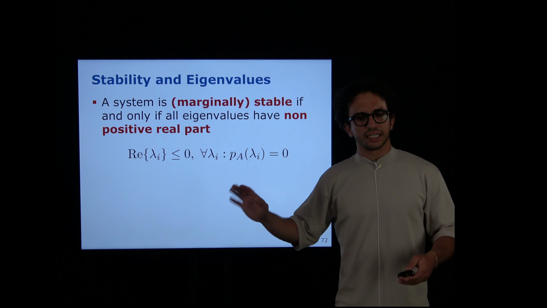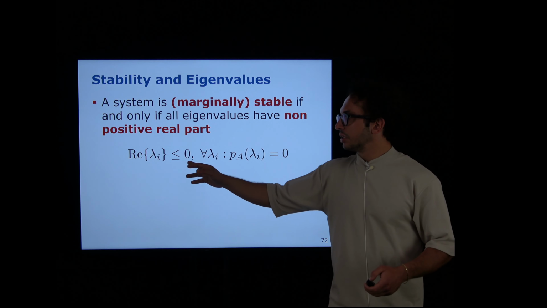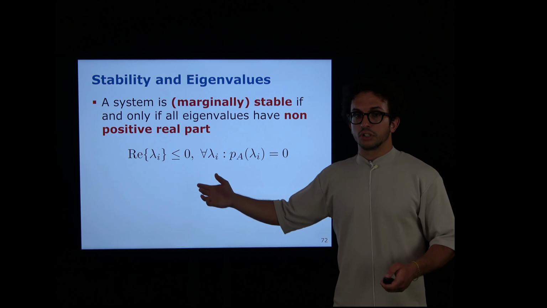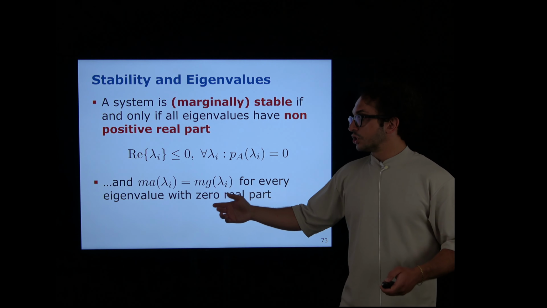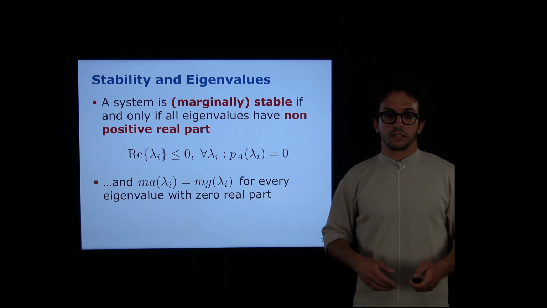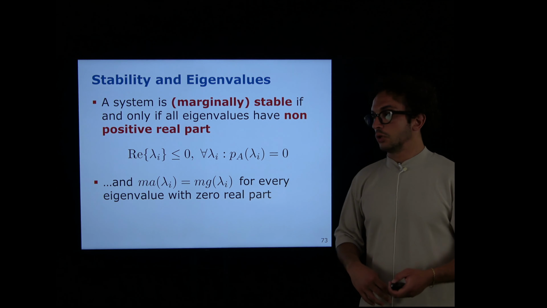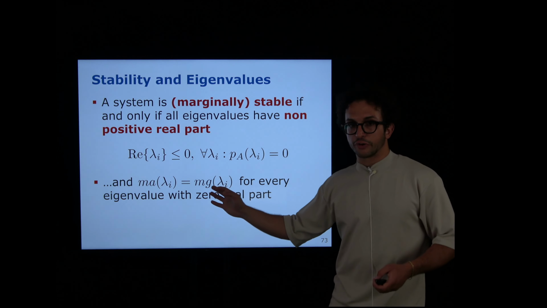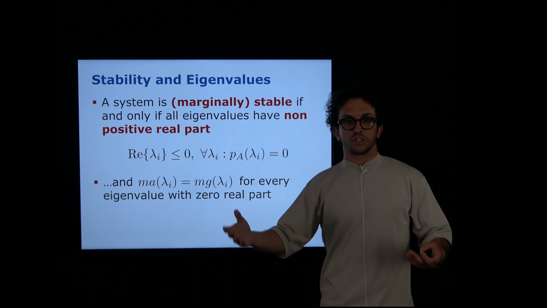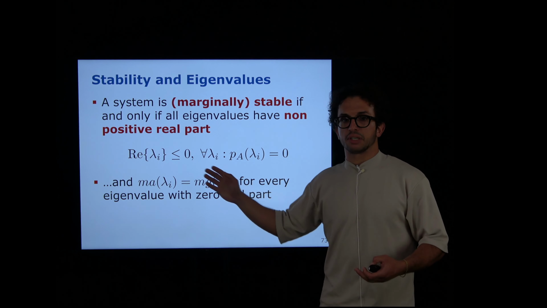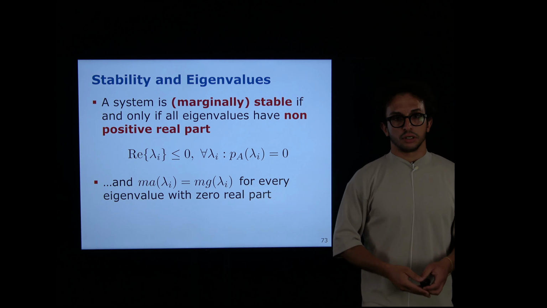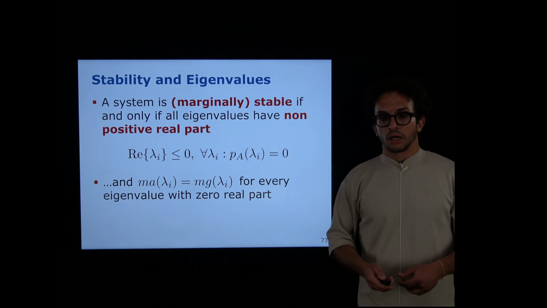Actually, this is not entirely true. If they are 0, there's another condition that has to be satisfied, which is that the multiplicities that we defined must be equal. So the dimension of the eigenspace must be equal to the algebraic multiplicity of this eigenvalue.